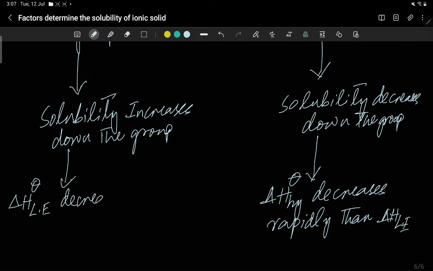Lattice energy decreases less than hydration.